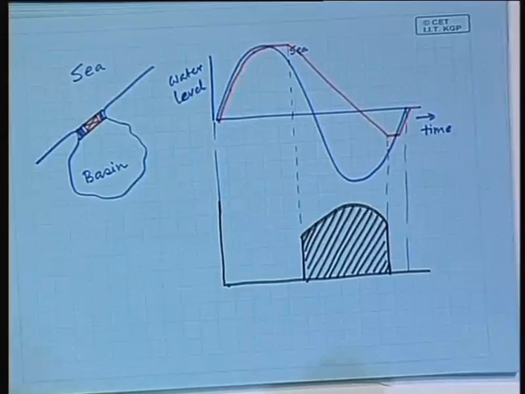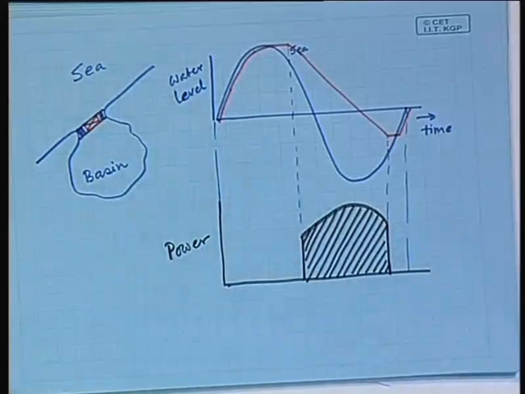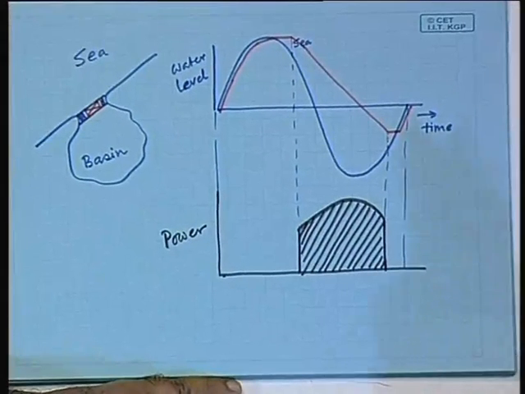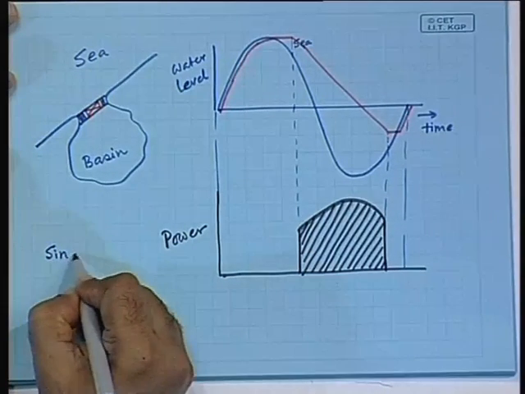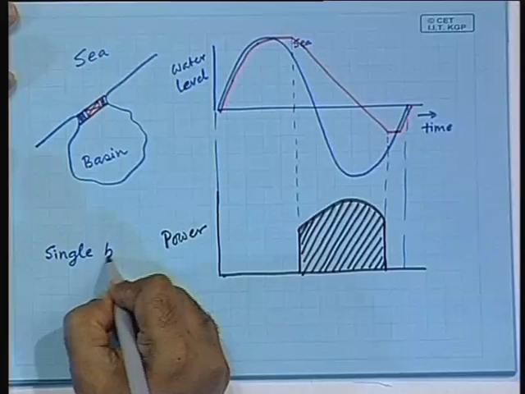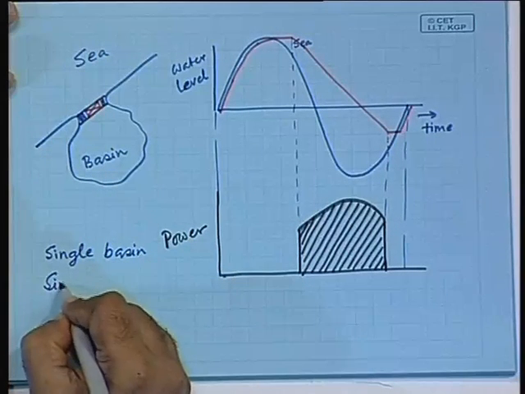Okay. Now this scheme is called the single basin, single tide scheme. There is only one basin.